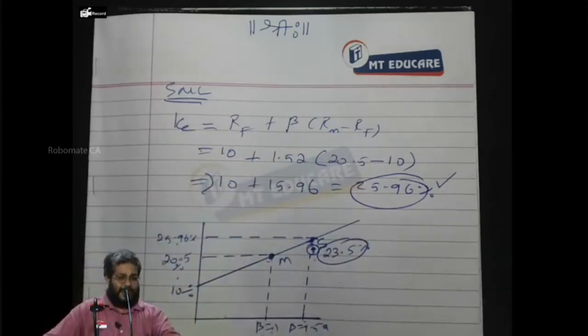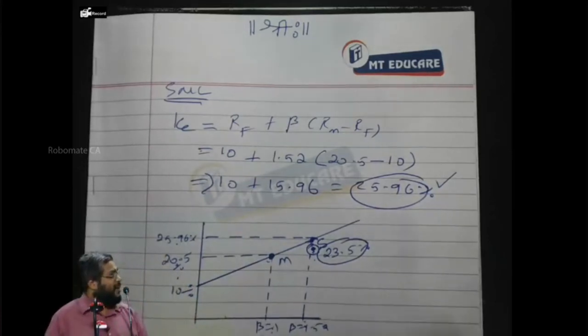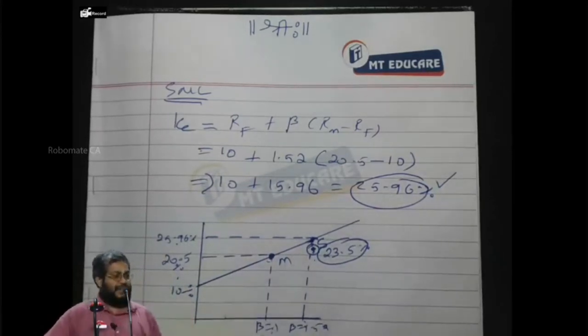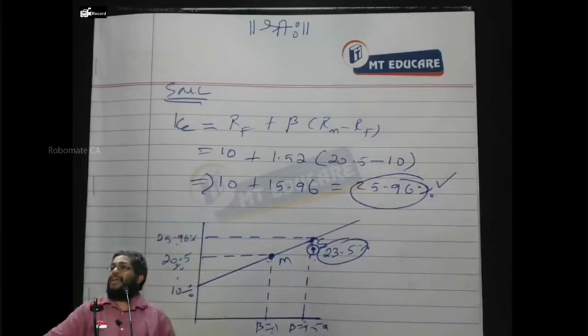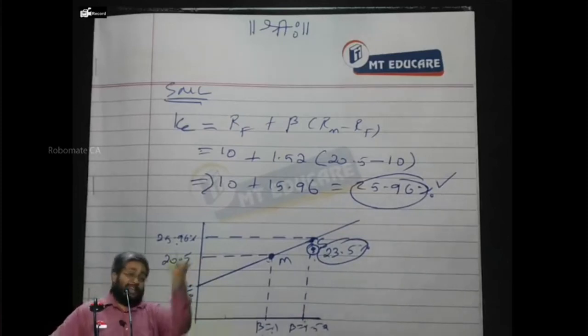RBI slashes interest rate, a 0.25% rate cut, they say. When RBI reduces the interest rate, share prices increase. When the RBI increases the interest rate, share prices decrease.